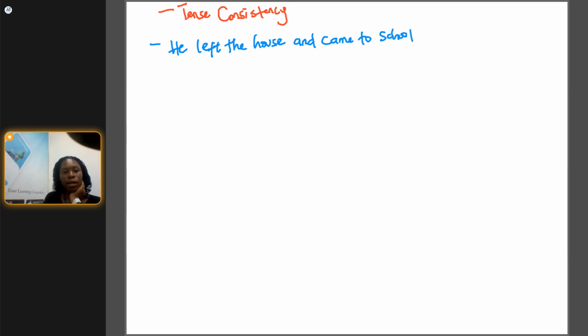We have left, past tense for leave, and we have came, past tense for come. So he left the house and came to school. There is consistency here because the first verb is in the past tense, and the next verb in the sentence is also in the past tense.